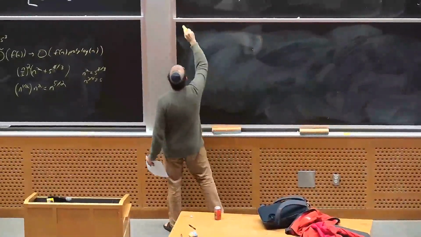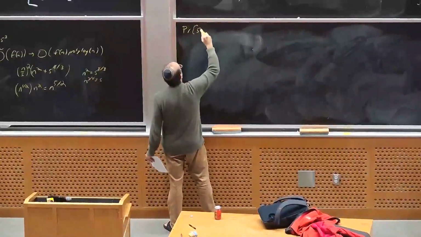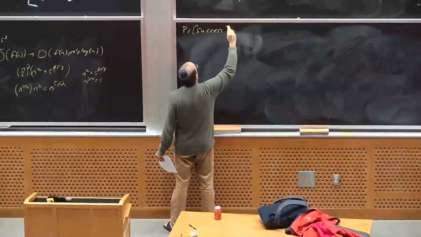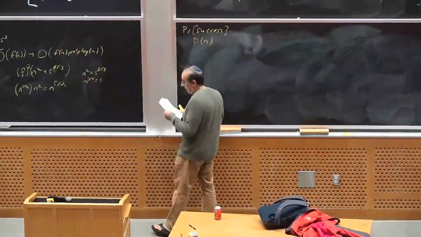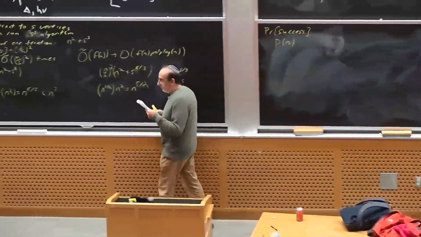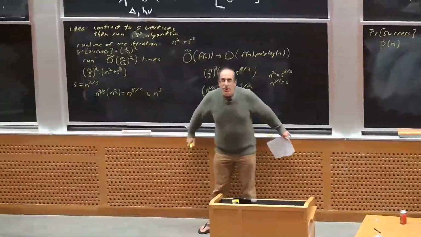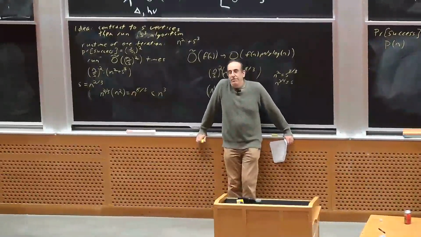Let's talk about the probability of success. Let's call this P of n. Okay. Can we write down a recurrence for the probability of success?